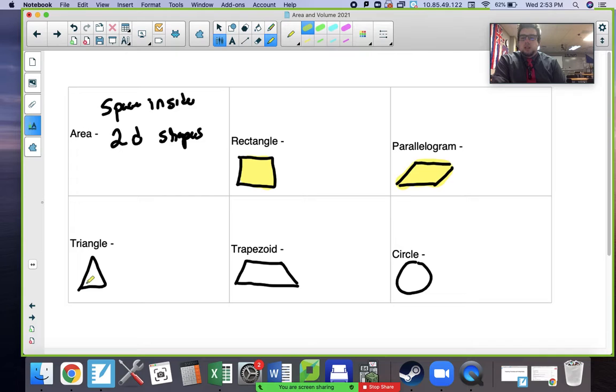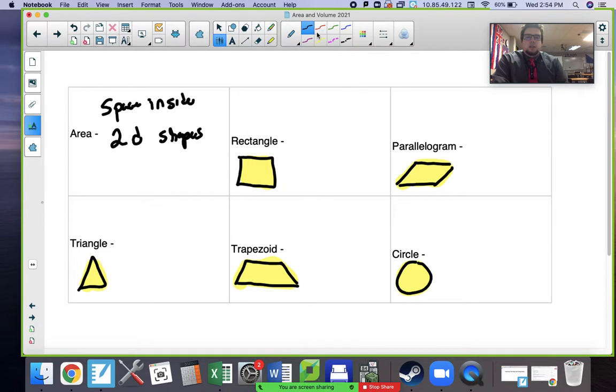Now, each shape that we have on this list has a different formula, but they're all very similar, except, of course, the circle. It's because the circle is special. So we take a look at a rectangle.